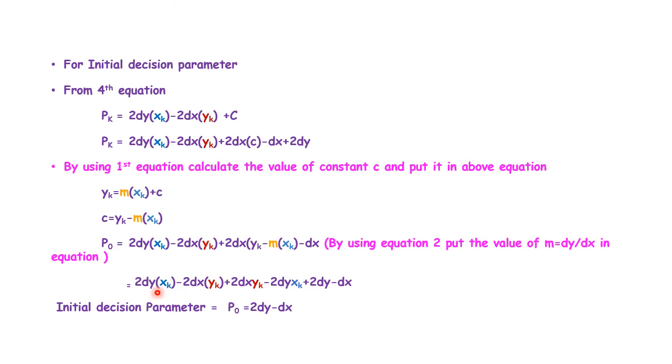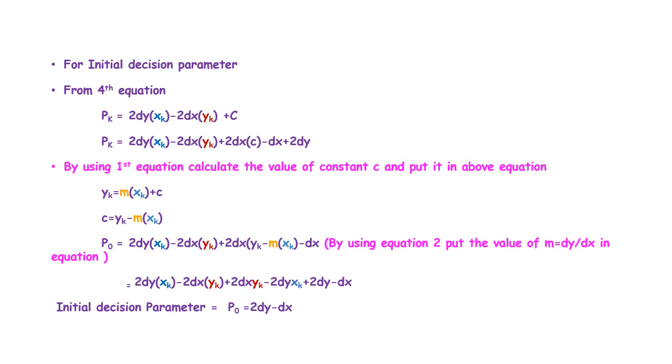So we get the equation 2 dy in bracket xk minus 2 dx yk plus 2 dx yk minus 2 dx xk plus 2 dy minus dx. Now again solve this equation.